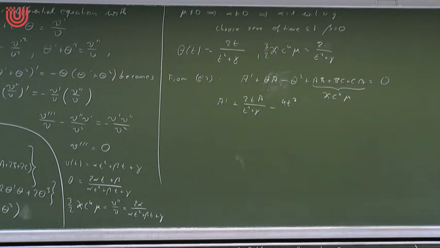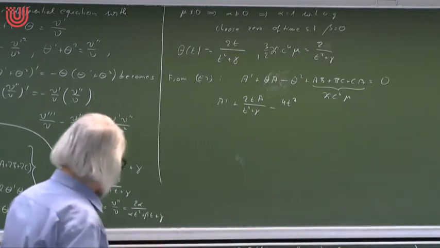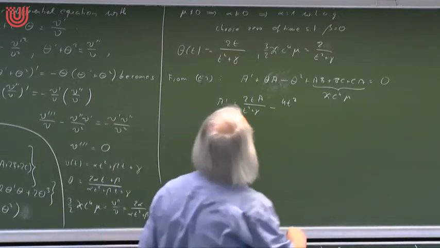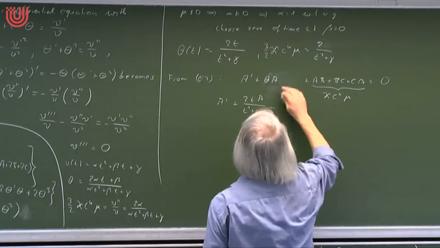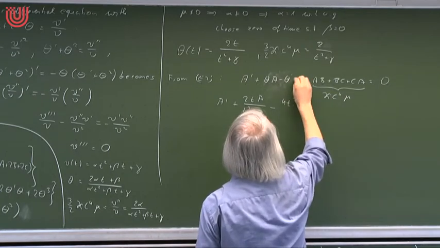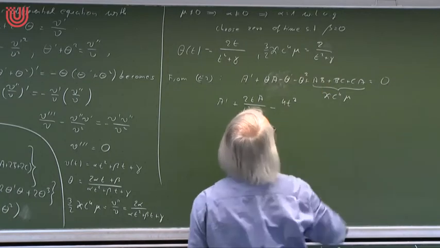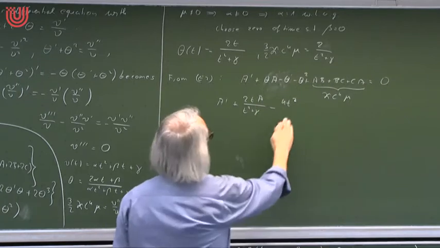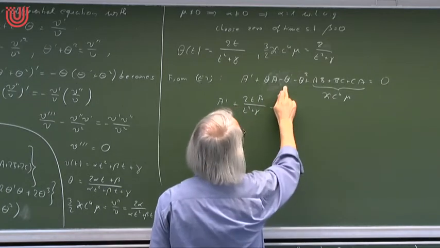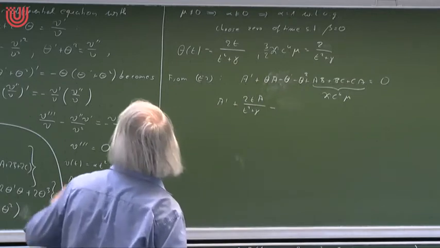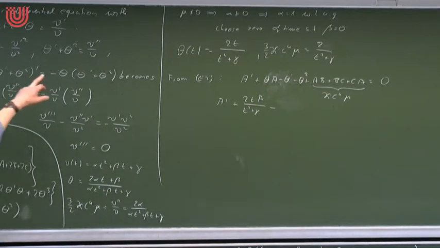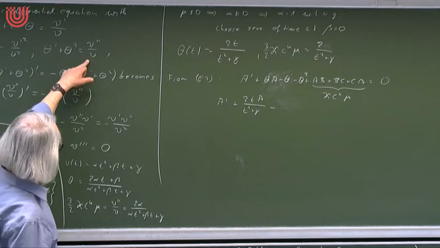Sorry. First of all, I forgot a theta prime, right? Yes, I forgot a theta prime, and that's quite important. Excuse me. So here was minus theta prime minus theta squared. And this is very nice, because minus theta prime minus theta squared is here minus V double prime over V.